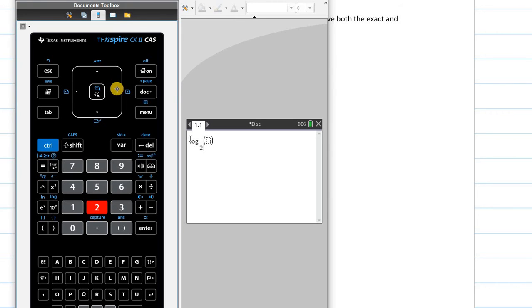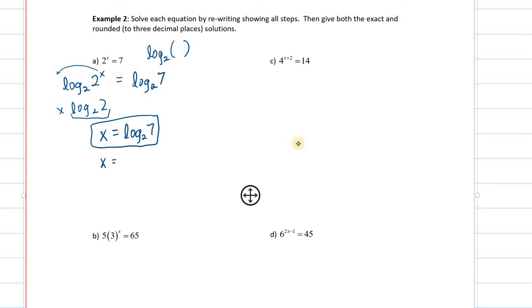So we put in 2 as our base, 7 is what we are taking the log of, and we hit control enter to get the rounded answer, and you get 2.80735. However, we want it rounded to 3 decimal places, so we would include 2.807. So 2.807 is our rounded solution.